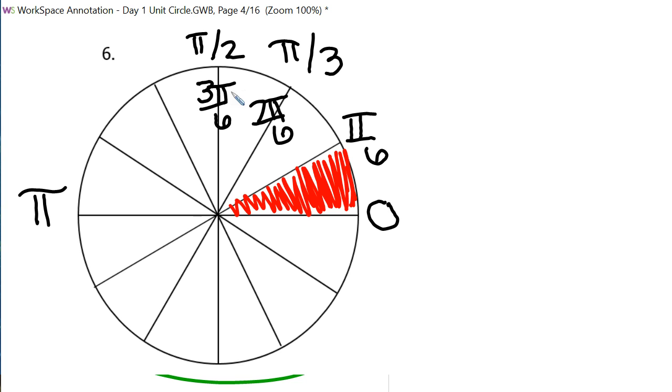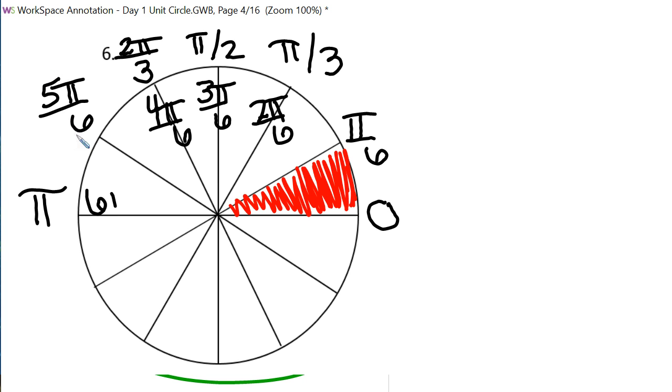We have 1 pi over 6, 2 pi over 6, 3 pi over 6. The next one would be what? 4 pi over 6, which is equal to 2 pi over 3. What would the next one be? 5 pi over 6. And then 6 pi over 6, which is equal to pi. The next one would be 7 pi over 6.